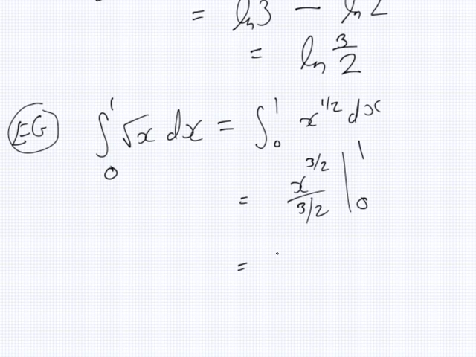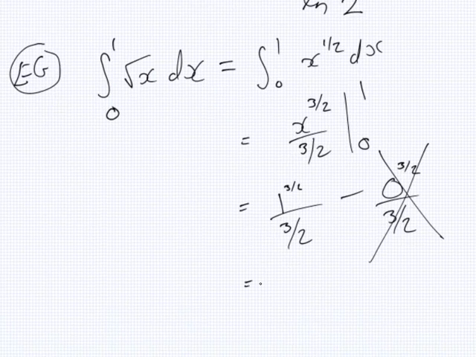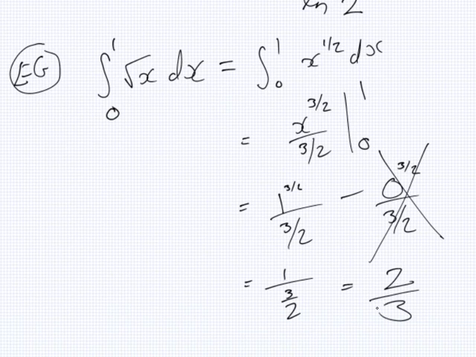Put in the 1, put in the 0. We don't actually care about the 0 because there's no value. So this will be 1 over 3 over 2, which is 2 over 3. Okay, let me give you a harder one now.